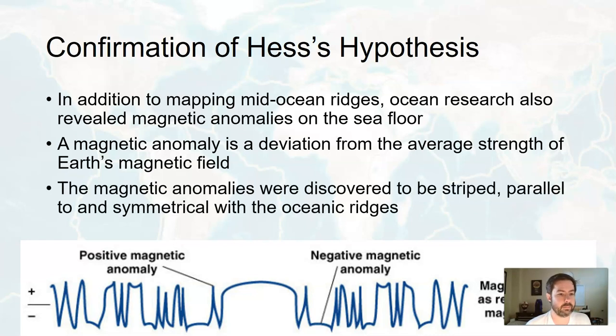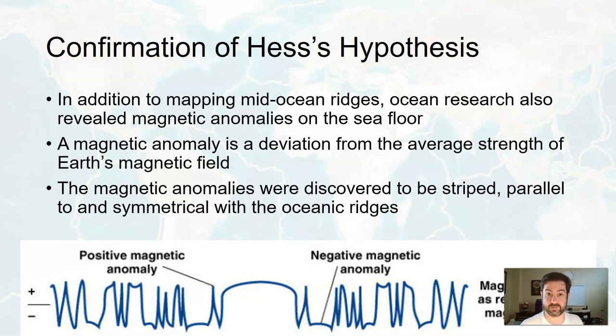The magnetic anomalies were discovered to be almost visually like stripes of parallel rocks, symmetric to the mid-oceanic ridges. When we run a magnetometer, if this is the spreading center of the mid-oceanic ridge, on either side we see the same magnetic signatures in the rocks as we go further and further away.